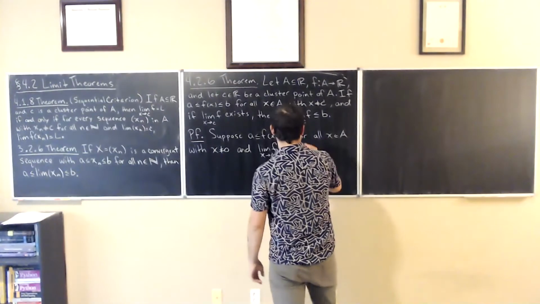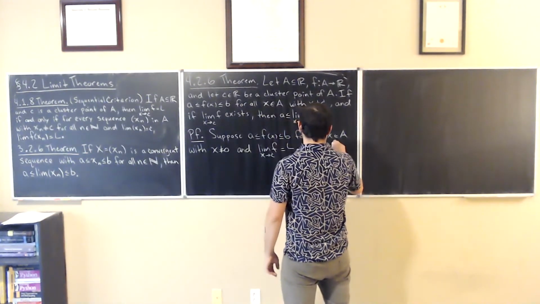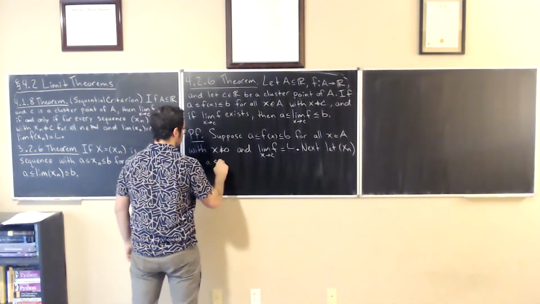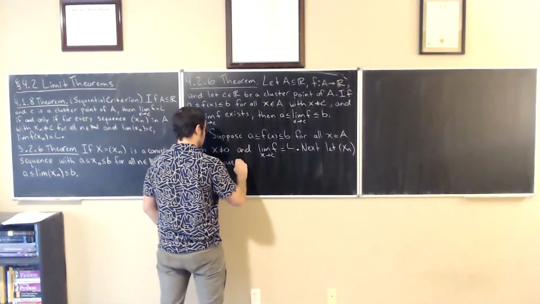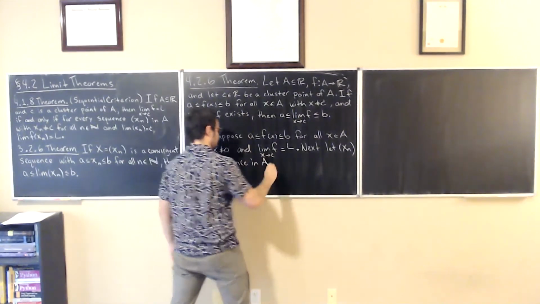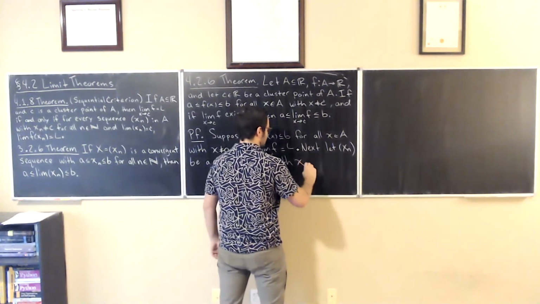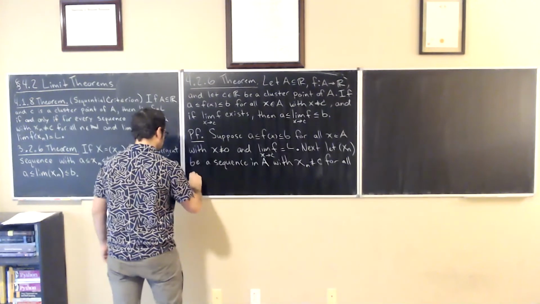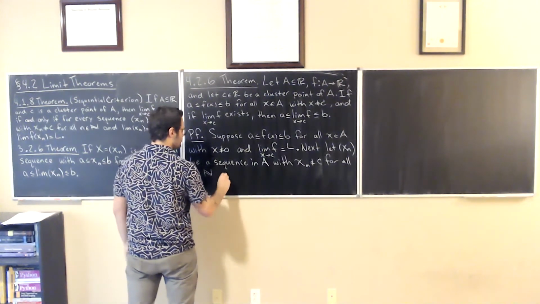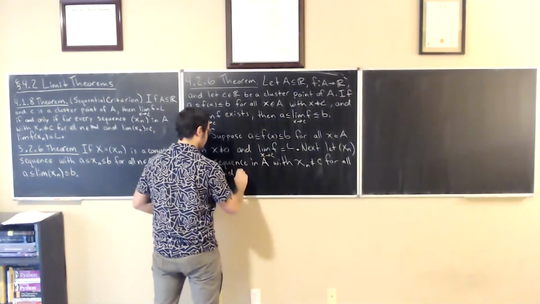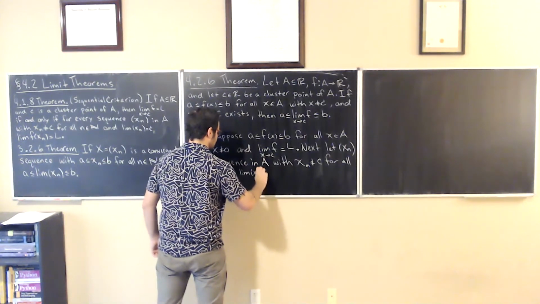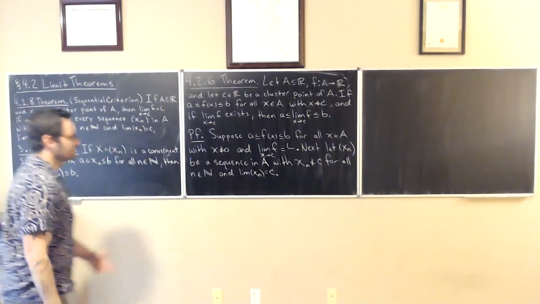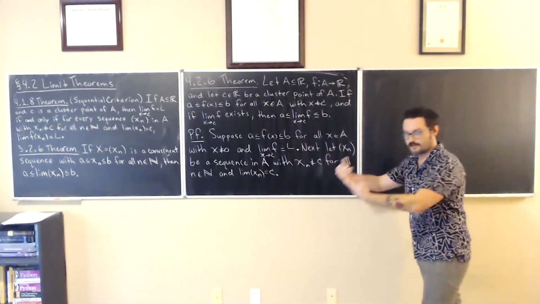So next, let Xn be a sequence in A with Xn not equal to C for all naturals n, and the limit of x sub n equals C. Okay, so by the sequential criterion, or theorem 4.1.8, we know something about the convergence of f evaluated at the sequence.